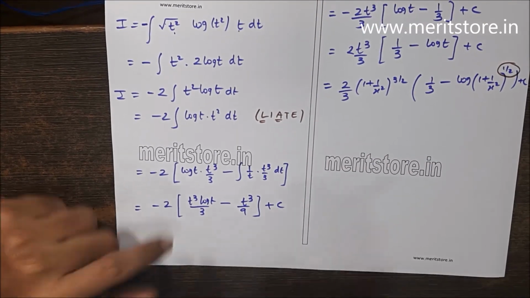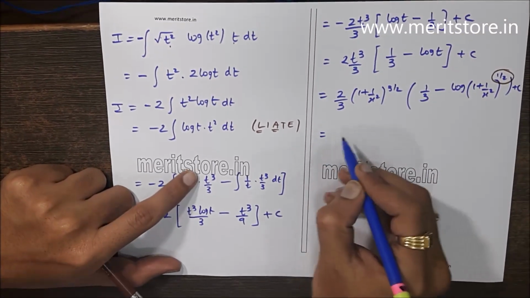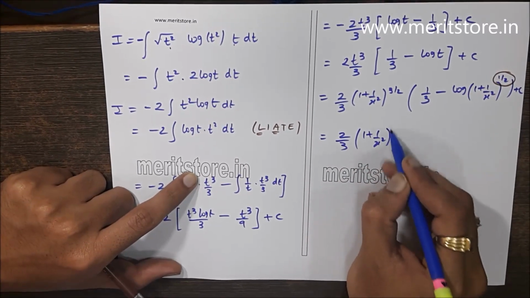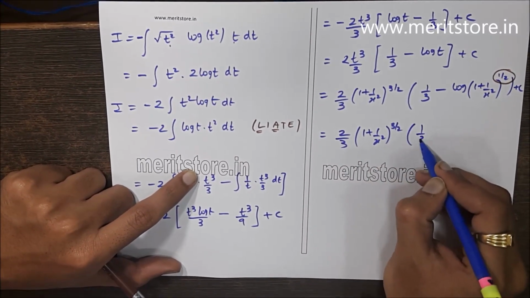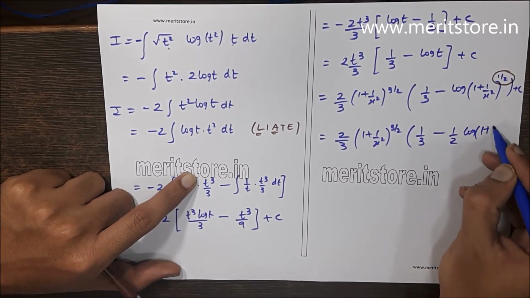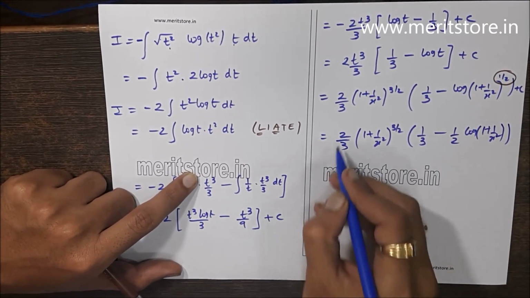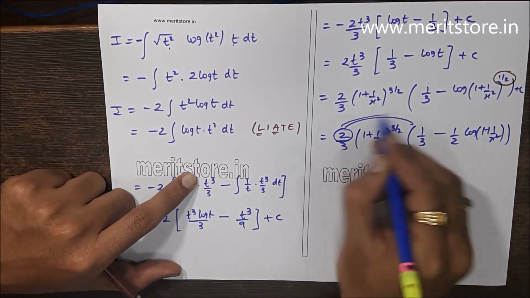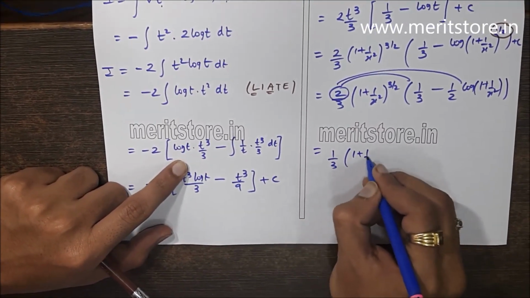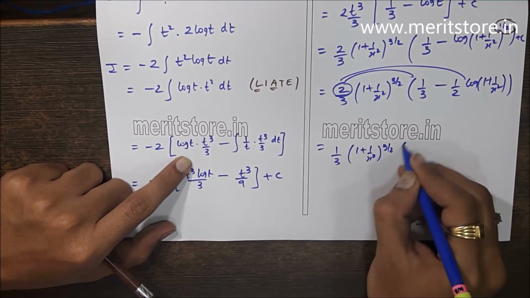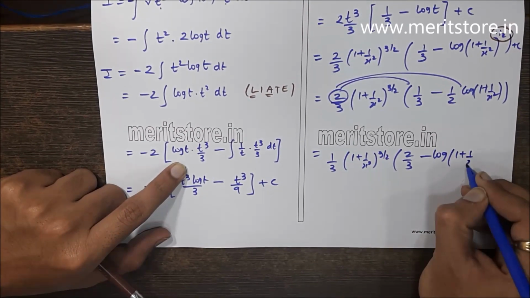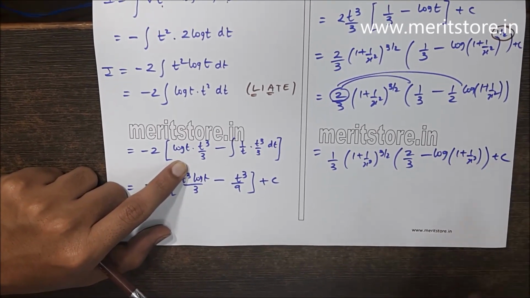So I take this half down: 2 by 3, 1 plus 1 upon x square raised to 3 by 2, 1 by 3 minus 1 by 2 log of 1 plus 1 by x square. Taking the 2 inside, I'll get my answer as 1 by 3, 1 plus 1 upon x square raised to 3 by 2 into 2 by 3 minus log of 1 plus 1 upon x square plus c.